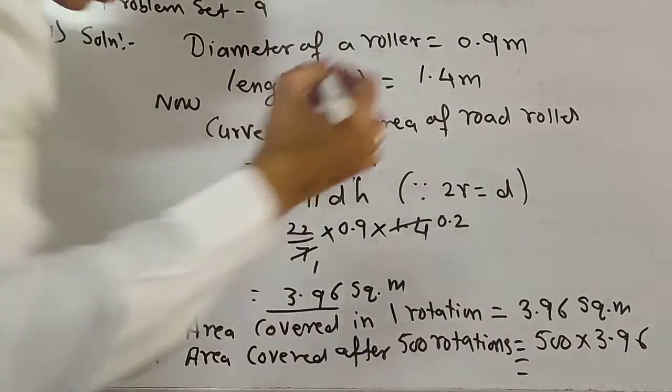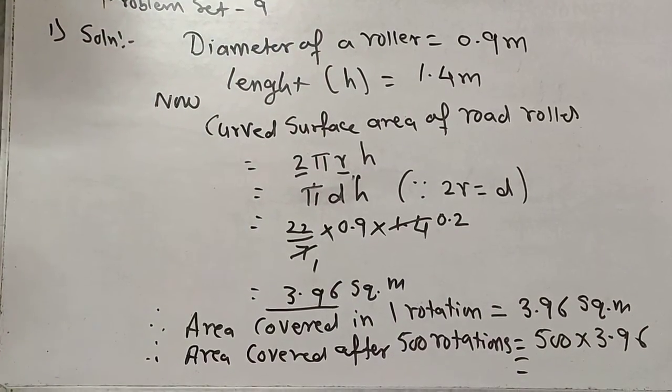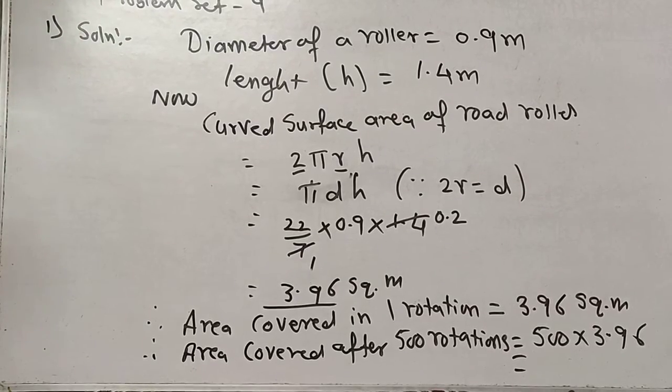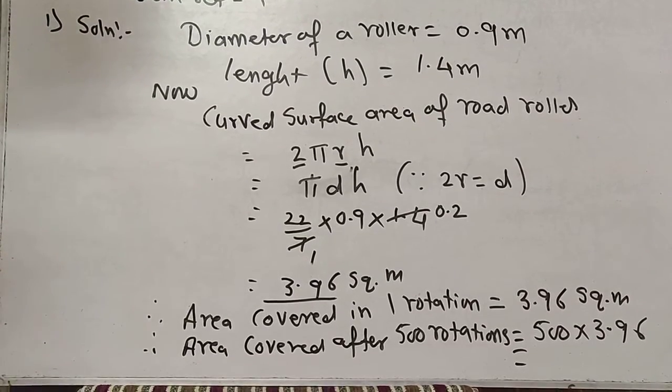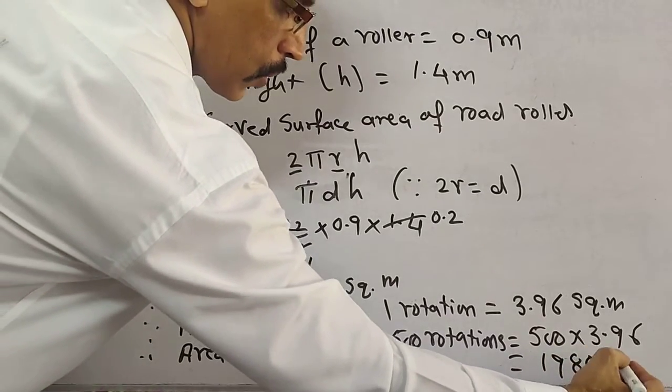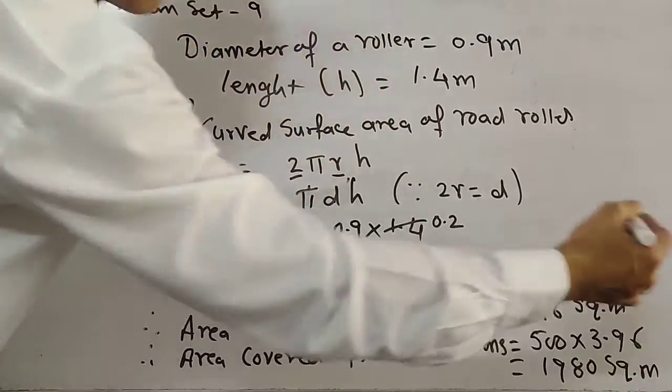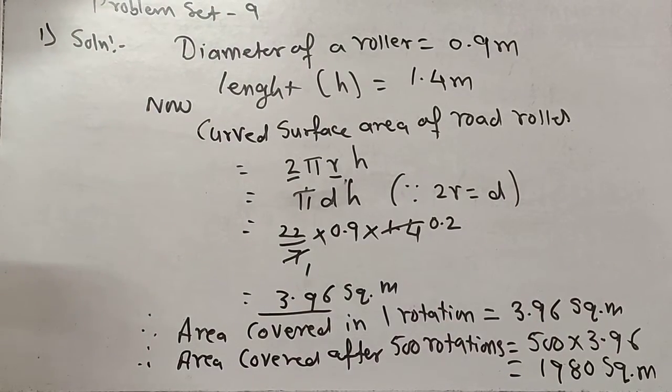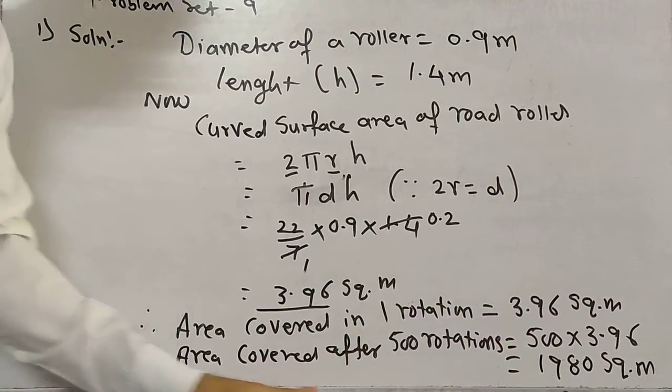So if you multiply 500 by 3.96, you will get 1980 square meter. 1980 square meter. If you multiply this, you will get 1980. And after getting the answer, you have to write the last statement.